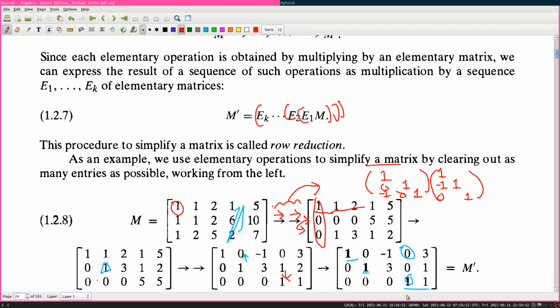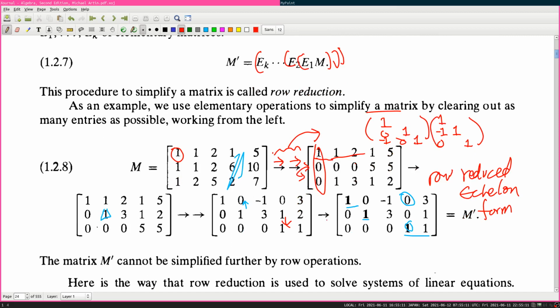And then this matrix is called row reduced echelon form. I don't know why it's called echelon form, but that's what it is. And the boldface entries are what's called the pivots. Let me write that down, pivots.